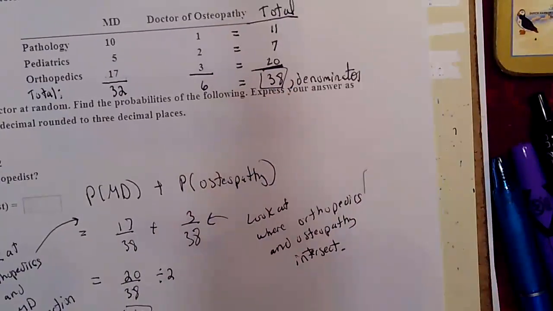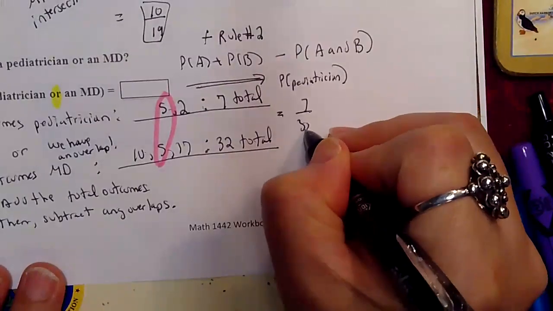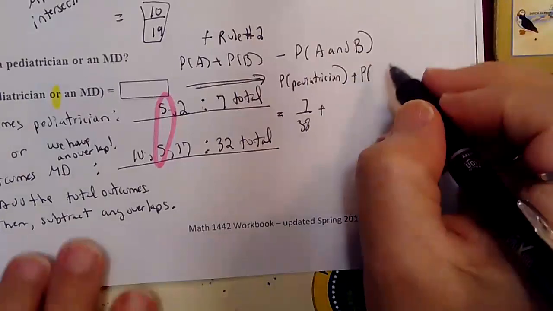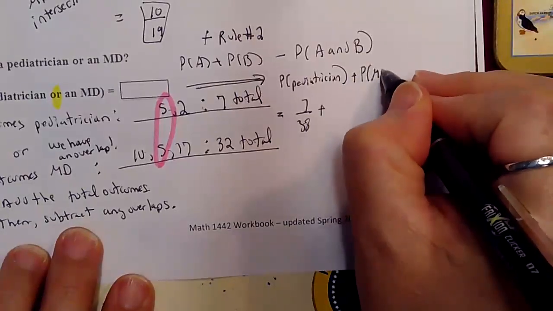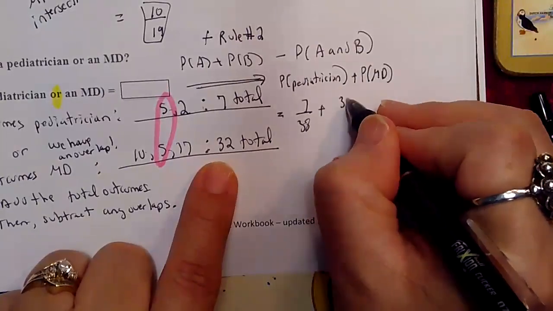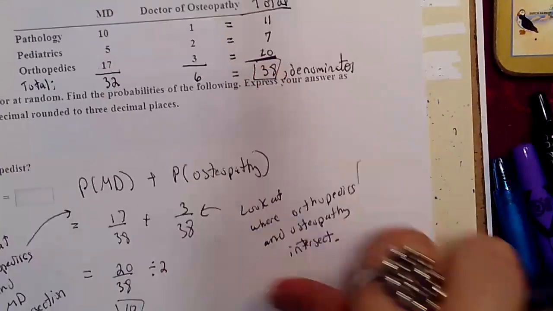Remember your denominator? So 7 over 38 plus the probability of the MD, which is 32 over 38. So remember the denominator is 38.